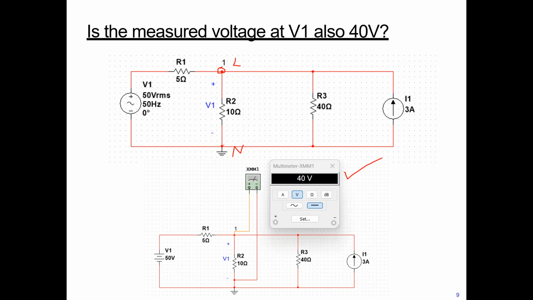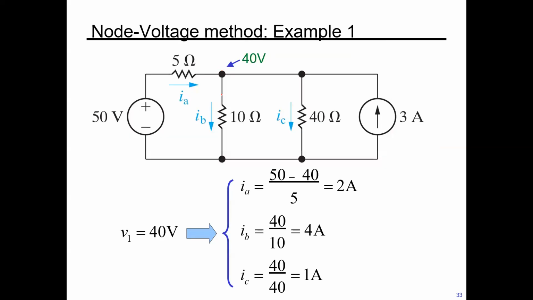So if this is 40 volt, then we can calculate the branch currents. Because IA, we have this coming to that side, and then IB, and then IC, and then of course this is 3 amp. So IA is 50 minus 40 divided by 5, 2 amp. IB is V1 divided by this resistor, 40 divided by 10 is 4 amp. And then IC is 40 divided by 40 is 1 amp.